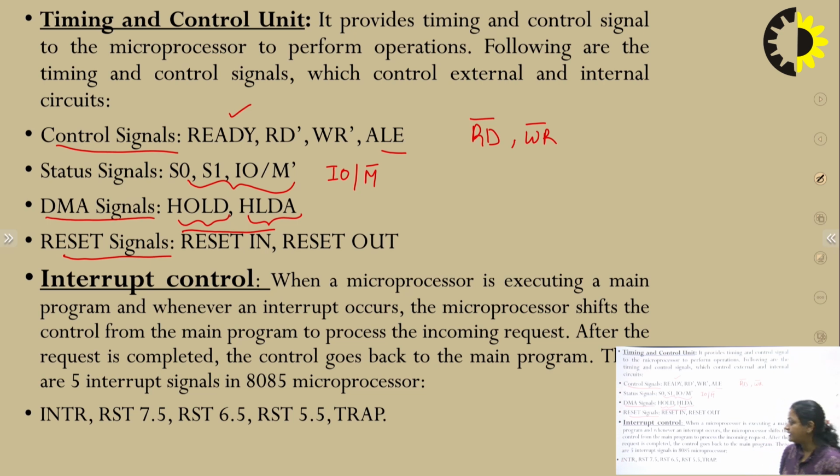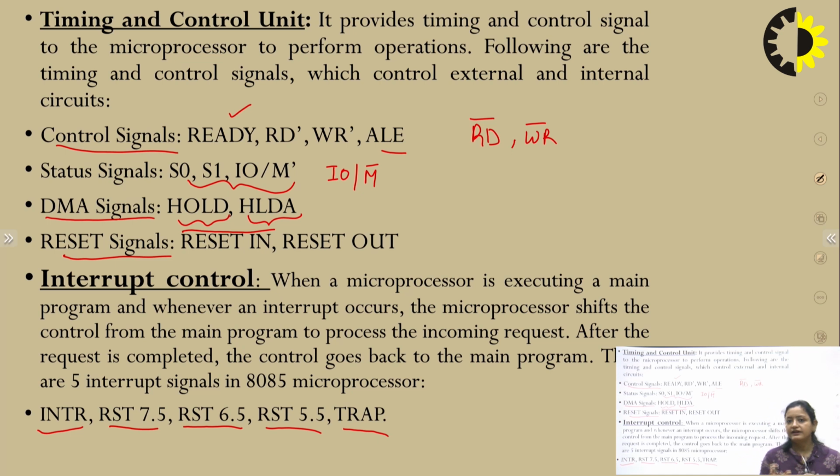There is an interrupt control unit in the architecture which includes 5 different types of interrupts: INTR, RST 7.5, RST 6.5, RST 5.5 and TRAP. These 5 are the different types of interrupts in microprocessor 8085. Now it is important to understand what an interrupt is. Let's understand it in this way.